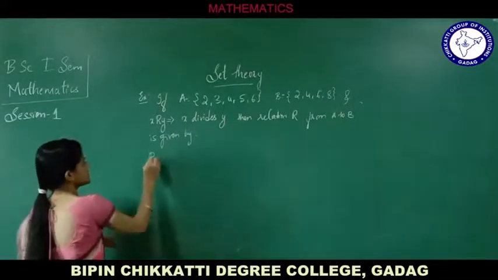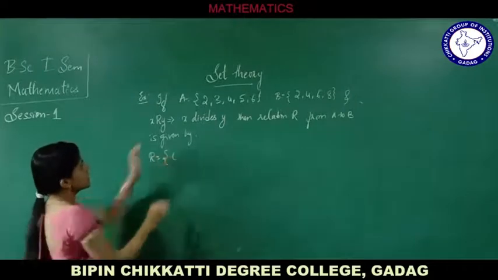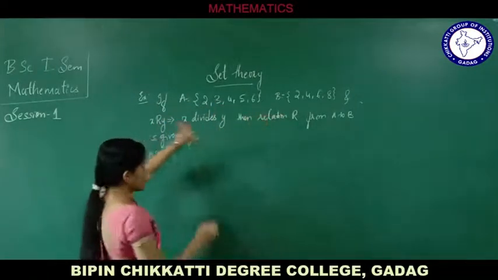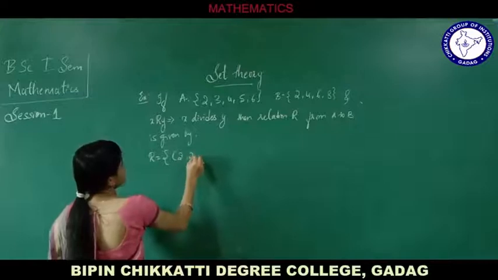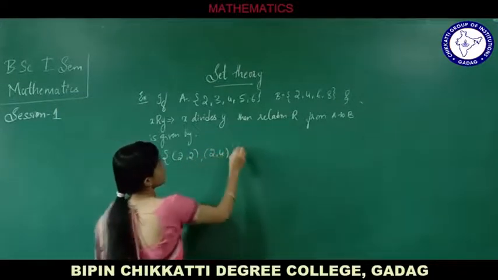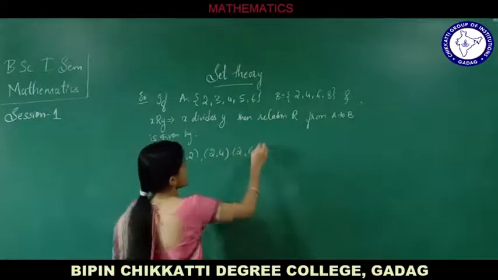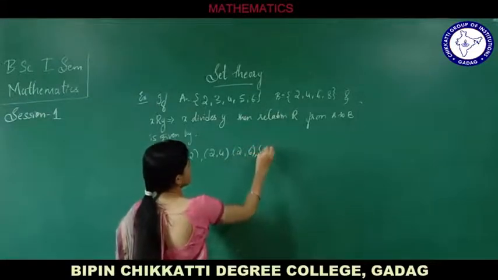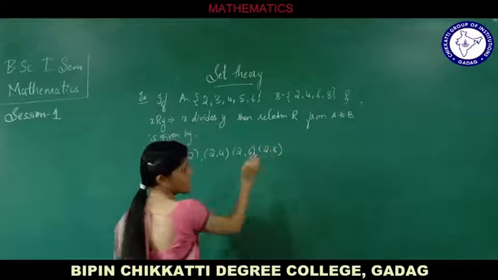How are we going to consider it? 2 divides 2, of course. Next, 2 is going to divide 4, 2 is going to divide 6 and 2 is going to divide 8. This is fine.